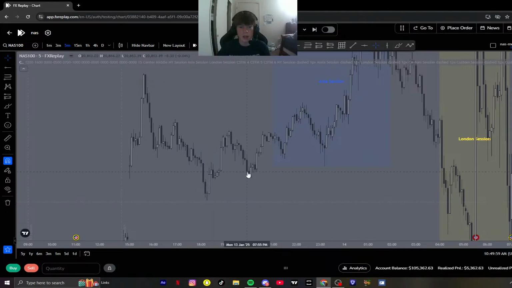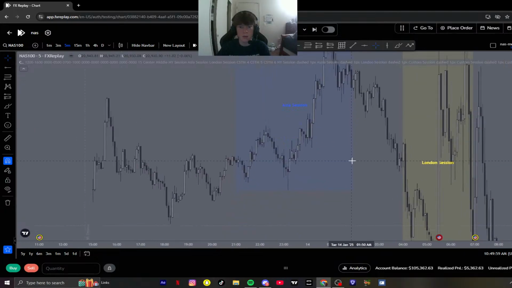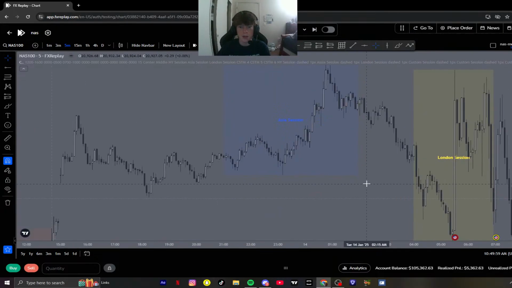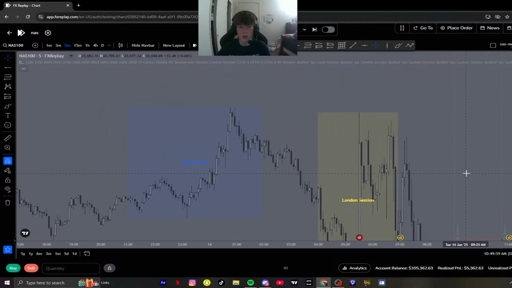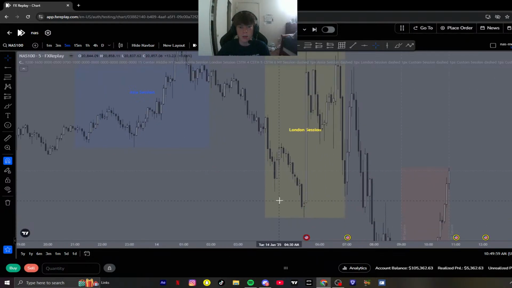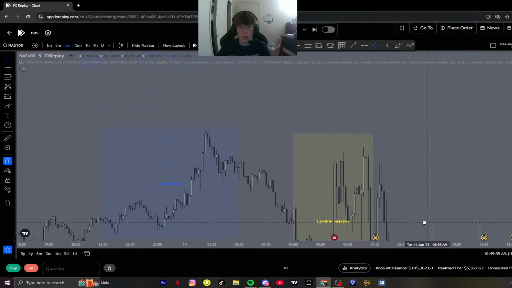Low, high. Higher low, probably higher high on ES. On a downtrend, it's lower lows and lower highs. High, low, lower high, lower low, lower high, lower low, and so on.